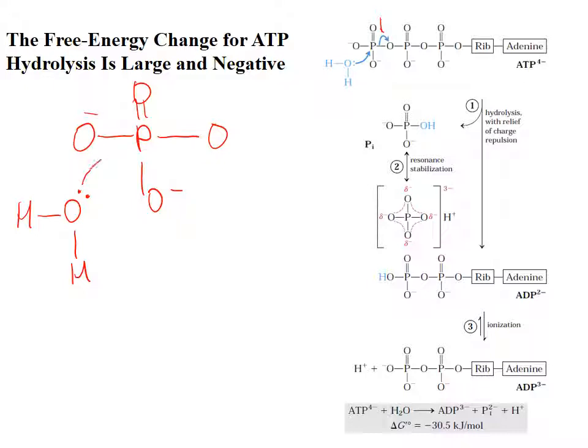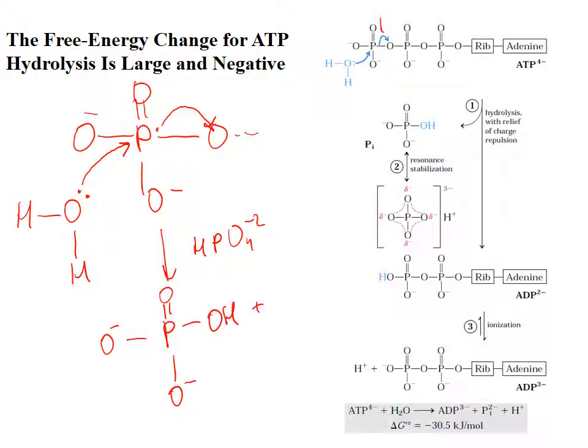So we can have this electron interacting with the phosphate and releasing this electron to this oxygen here. And this reaction results in HPO4 minus 2, which is a phosphate, double bond oxygen, oxygen, oxygen, negative charges, and OH plus an H plus, and ADP, of course.